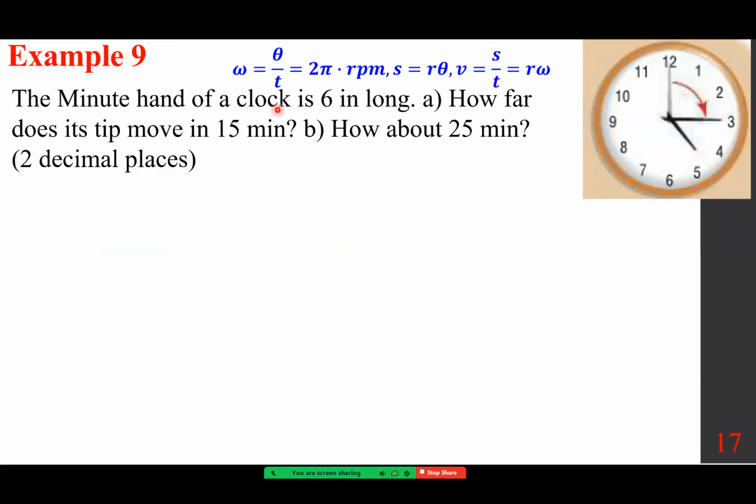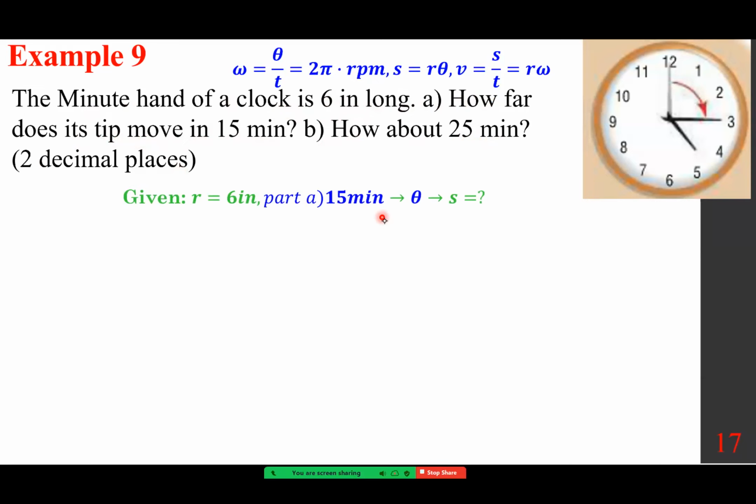The minute hand of a clock is 6 inches long. How far does its tip move in 15 minutes? How about 25 minutes? And they want us to go with a couple of decimals. So let's write the given as we read this question. We are taking the radius to be 6 inches.